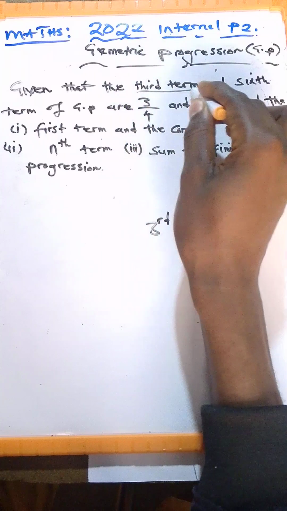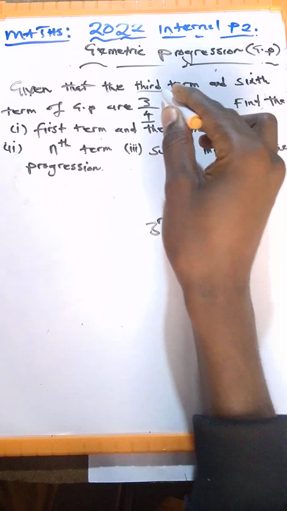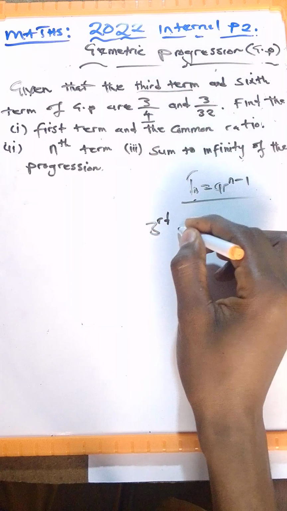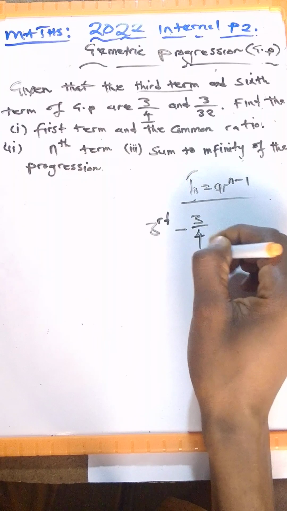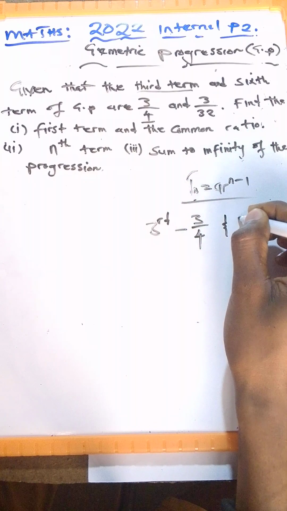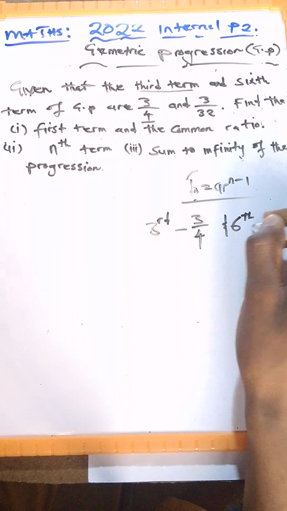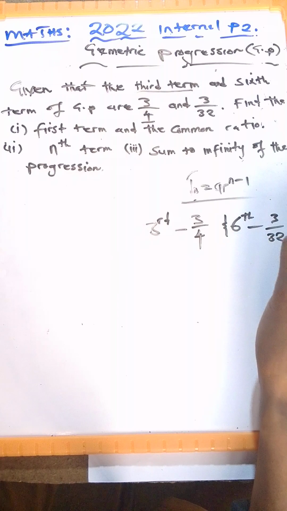The third term will go with the first part because these are moving respectively, so this and this will match. So I say the third term is 3 over 4 and the sixth term is 3 over 32.